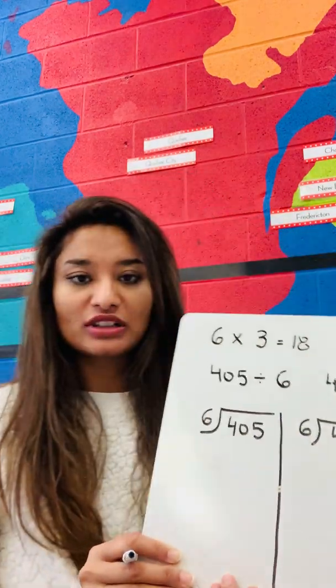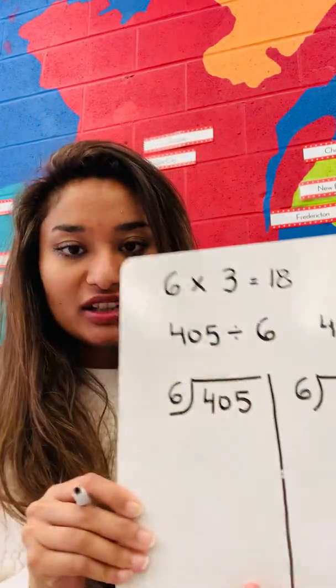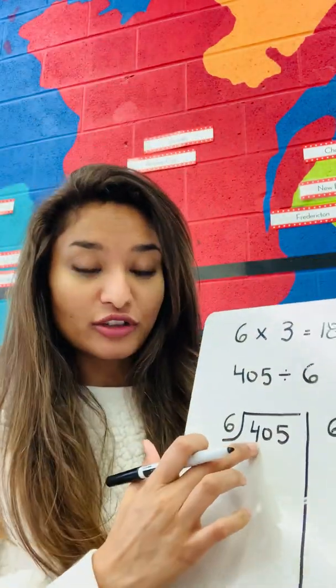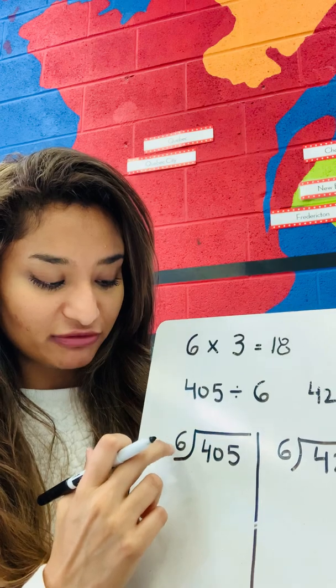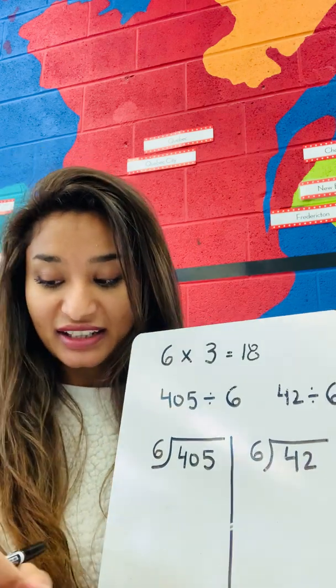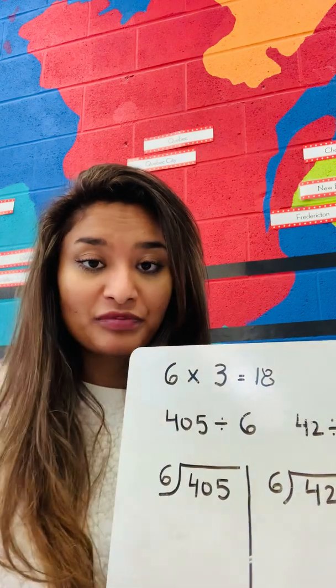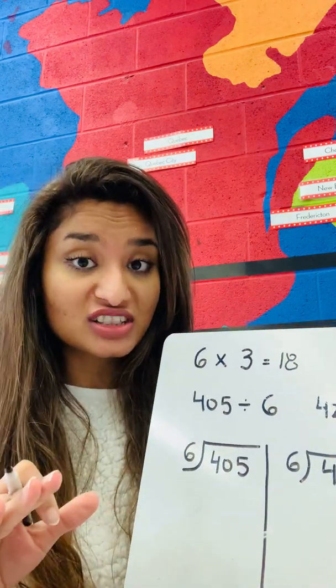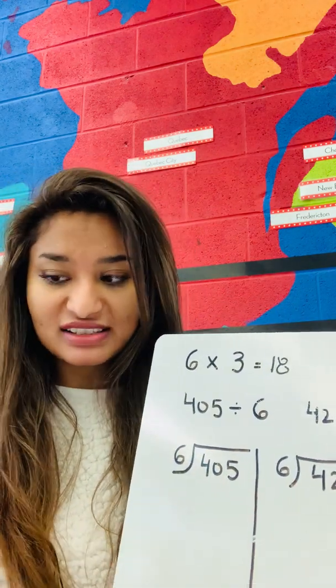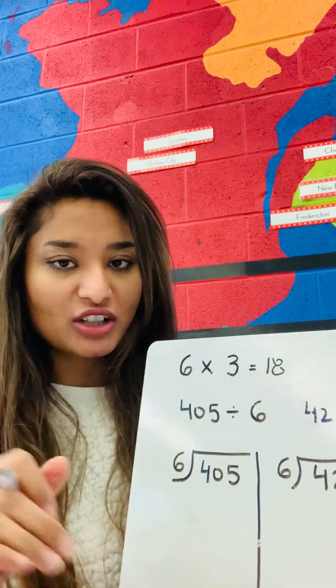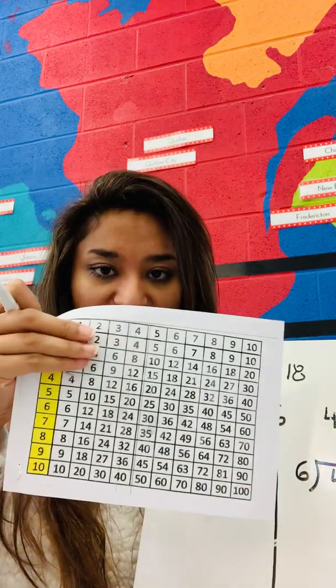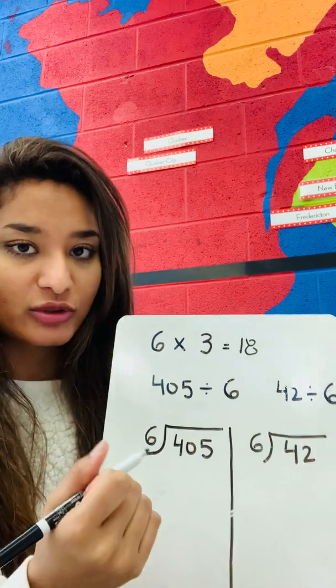Okay, so let's look at 405 divided by 6. And again, you can use these multiplication sheets, or if you know your 6 times table and you've been practicing your division, you may not need to use this sheet. Okay, so here we go.